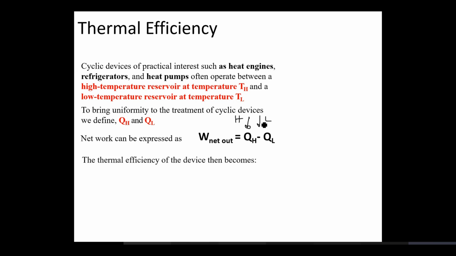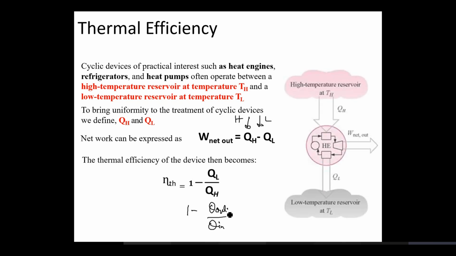And the efficiency of the device could then be expressed as 1 minus Q_L over Q_H, which was initially 1 minus Q out over Q in. So the high temperature reservoir is giving in the heat at the rate of Q_H. Net work out is the same. The low temperature reservoir sink is extracting the heat at the rate of Q_L. So you will associate it with the reservoir. Clear enough?